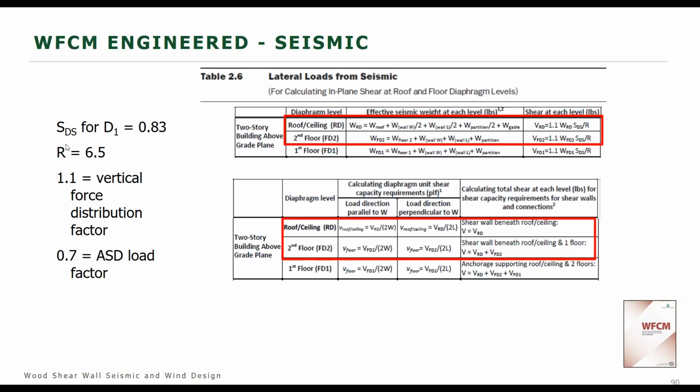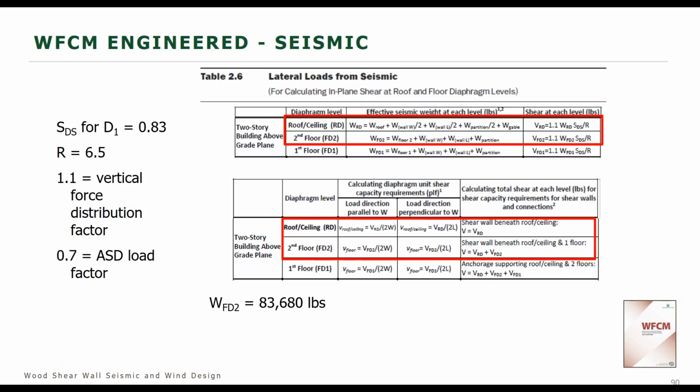The requirements here are our S sub DS for D1 is equal to 0.83. Then we have a response modification coefficient of 6.5. Our vertical force distribution factor is 1.1. These are plugged into the equation along with the weight to determine our seismic load. Now this 0.7, even though it's not part of the equation, is just there to remind people that we are using an ASD design and not an LRFD design, and these equations incorporate this for an ASD design.